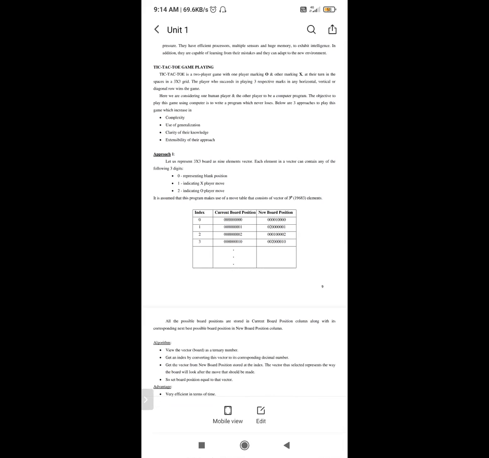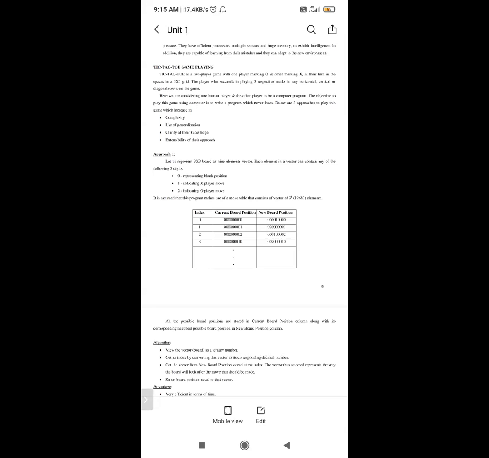If you consider this game being played by a system or a computer, then one of the players will be a human player, and the other player will be a computer program. So two players will be there: a person and a computer program.